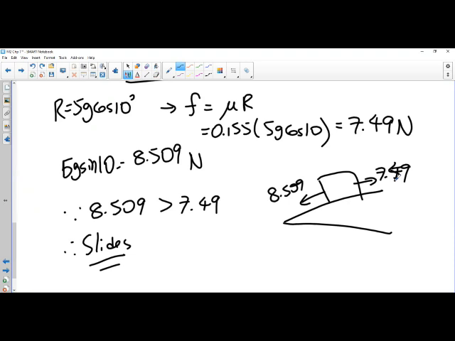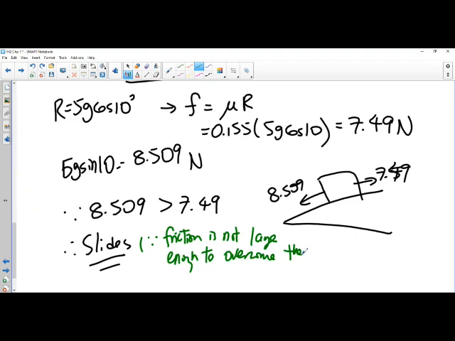So you can give a reason: because the friction is not great enough to overcome the pulling force by gravity. So in real life, this block will slide.